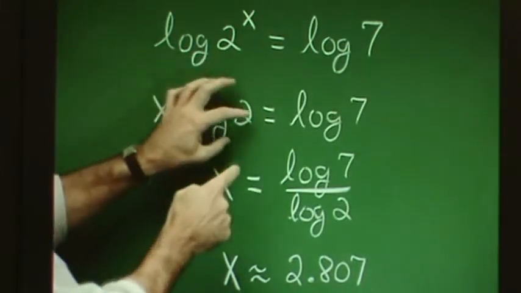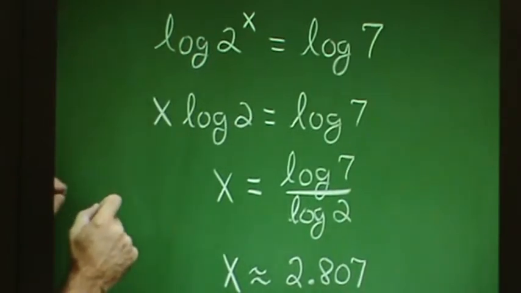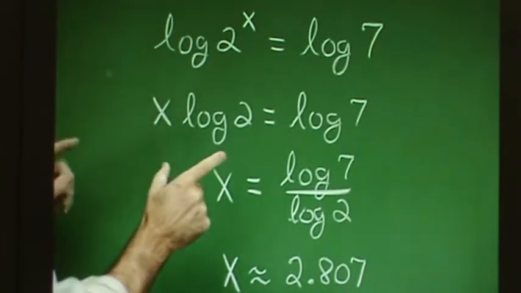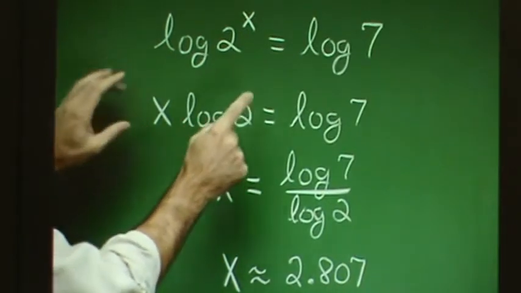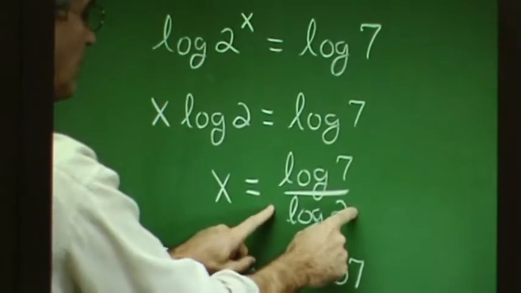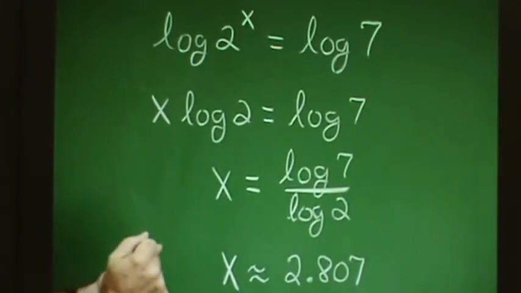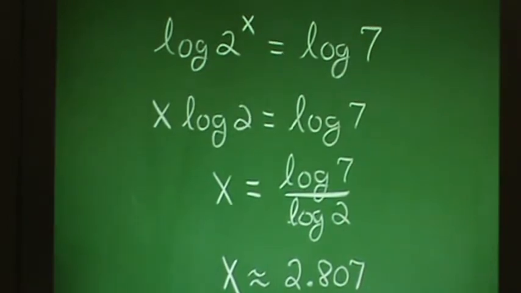So it's just a number as the coefficient of the variable. And we know what we do with those things. In other situations, we divide on both sides by that coefficient. And that's what we do here. We divide on both sides by log 2, leaving x, divide over here by log 2, and now we have a button push on the calculator to find x to be approximately 2.807.